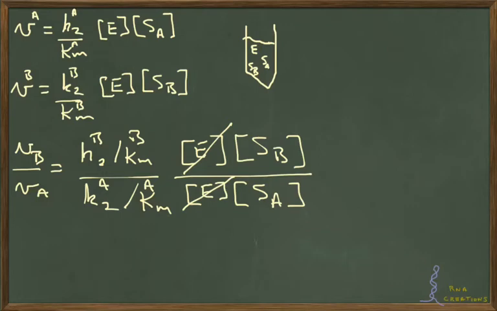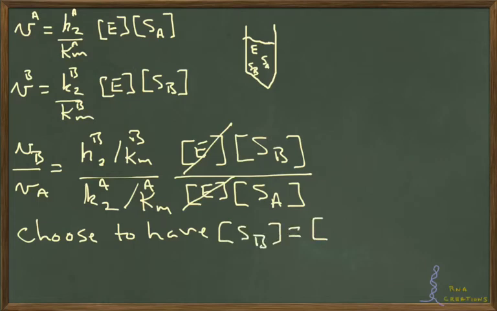But we can also choose, now this is getting more specific at this point, but we can choose to have the concentration of substrate B equal to the concentration of substrate A if they are in excess. So typical multiple turnover conditions.